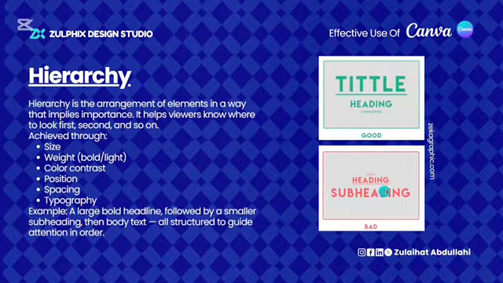While for a bad hierarchy, if you had to make the subheading bigger than the heading and the title, it won't make sense. Because if you want to show people the heading, why would you make it smaller than the subheading? Subheading is meant to further explain the heading or the title. It's meant to explain the title first, like here, then heading, then subheading. That's how it is.